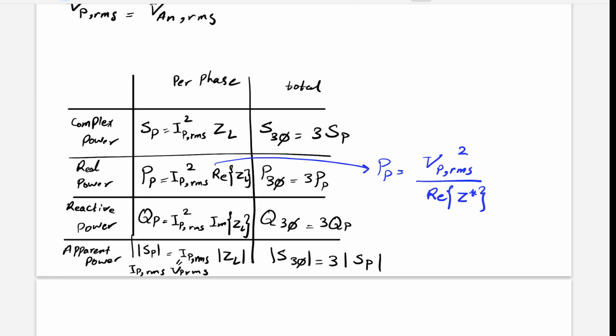You can find this one as well. The same for this one. So this will be QP. I'm writing just another form of the formulas: VP RMS squared over the imaginary part of the Z conjugate. Okay, and so on.